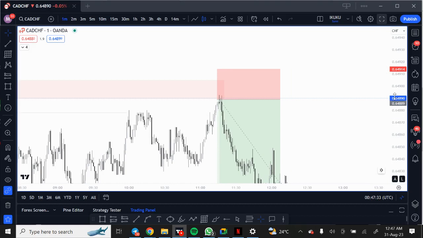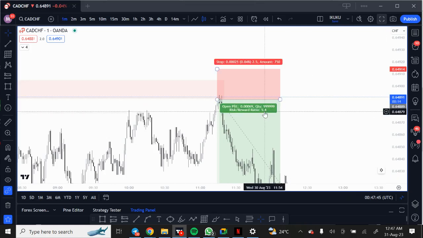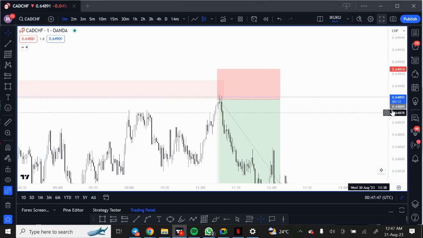You notice the next one, this is the current market price. This is not your entry limit. The one you are setting is the one you created with this tool. That is why it's an ash color here and the stop loss is on red. So this is your entry price, 0.64889.